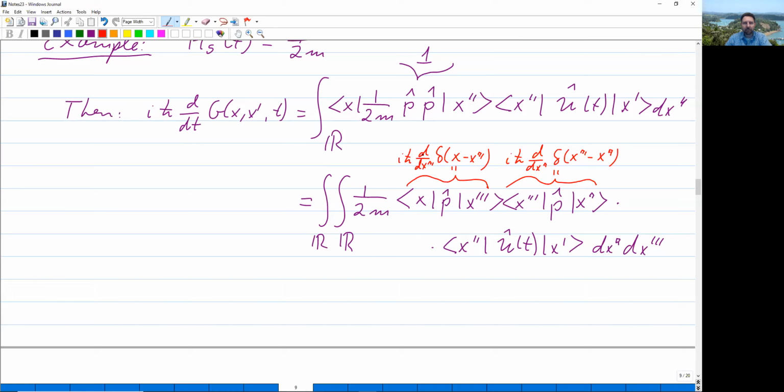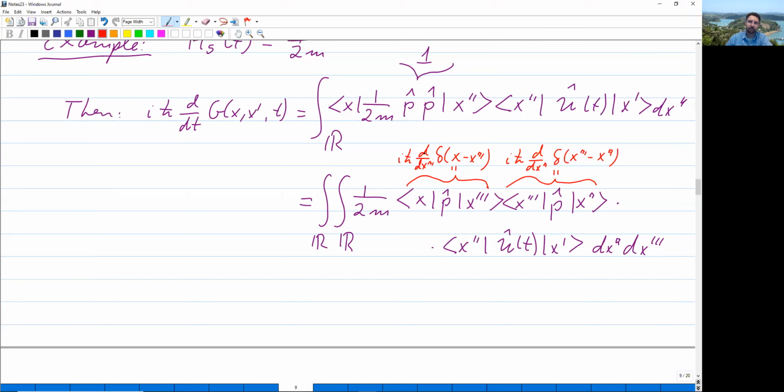Now, derivatives of Dirac deltas, how do we handle them? Remember, we handle them by doing the integration by parts. The boundary term will go away, and we're just left with the derivative acting on the remainder of the integrand. So if we do this, then what do we get?